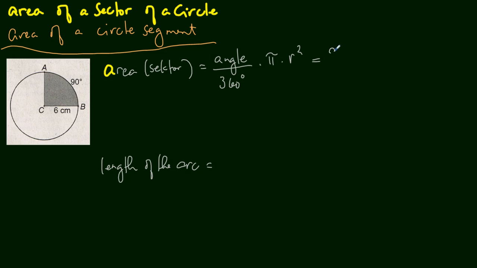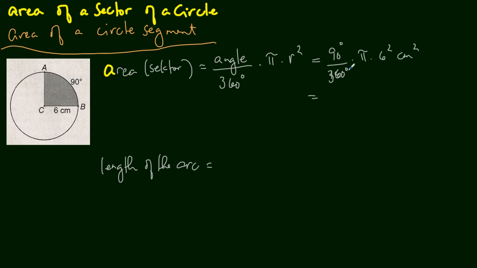So we have 90 degrees divided by 360 degrees multiplied by pi multiplied by 6 squared centimeters squared.